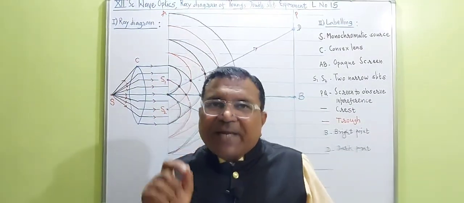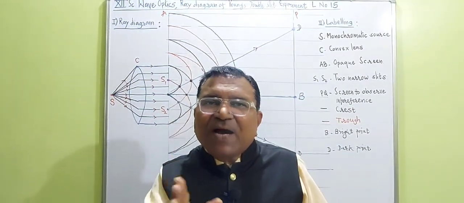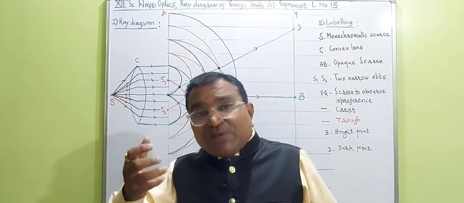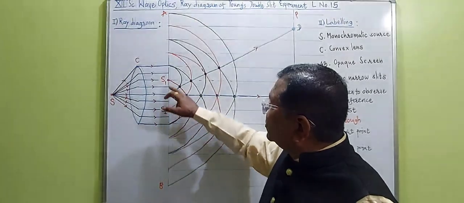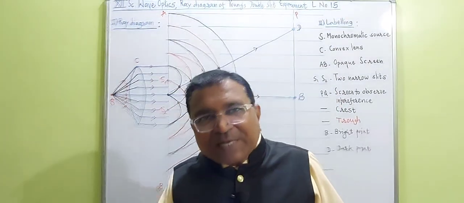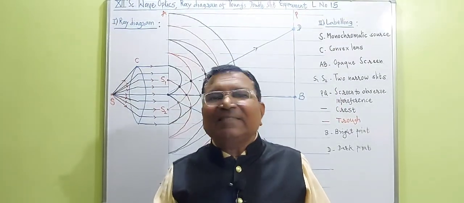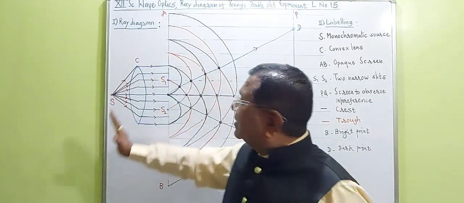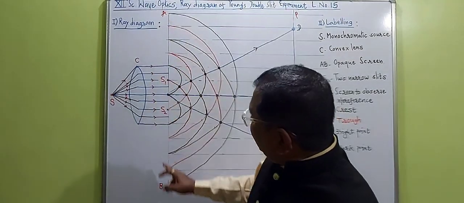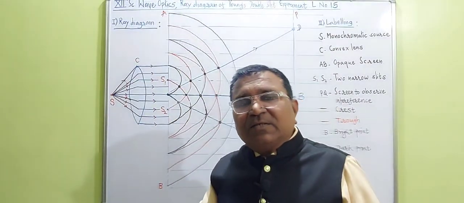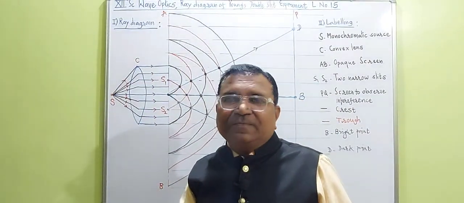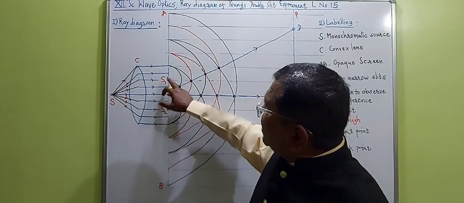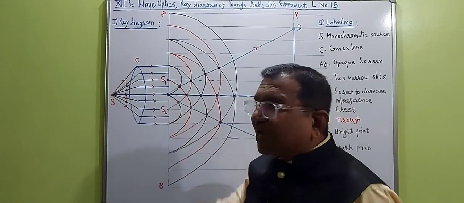We want a plane wavefront because by making use of it, the waves emitted from the two sources have the same phase. That is the reason why a plane wavefront is necessary. Such a plane wavefront is incident on an opaque screen AB. This screen AB produces two narrow slits S1 and S2.